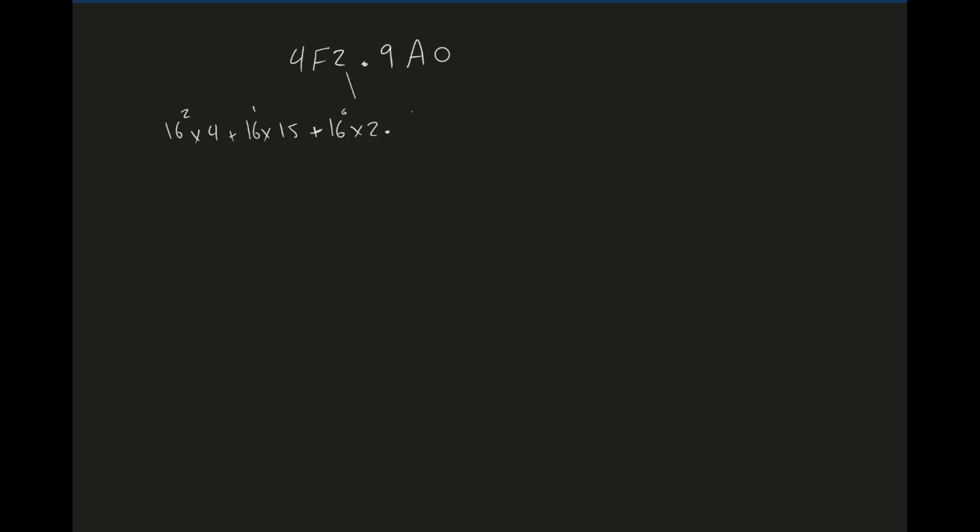This is 9, bring it down, times 16 to the negative 1, plus a, which is 10, times 16 to the negative 2. You carry out the math for these values and you get your number in base 10. So it's pretty straightforward.